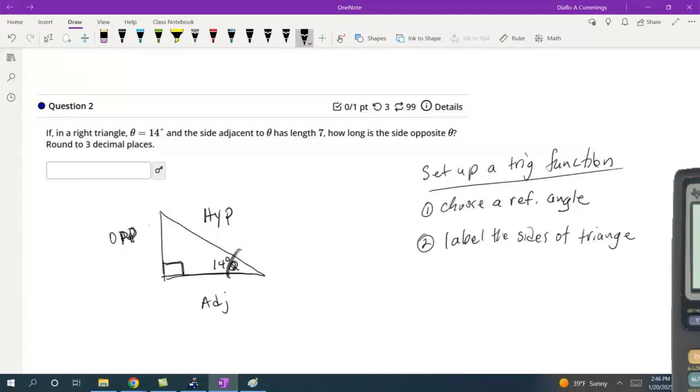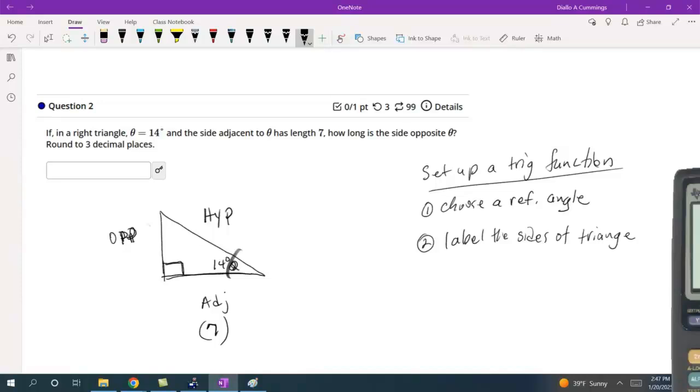So now if I reread through, it says in a right triangle, theta is equal to 14, which I'm given, I've already labeled, and the side adjacent to theta has a length of 7. So now that I've labeled all of my sides, I know my adjacent has a length of 7. I'm asked to find how long the side is opposite of theta.